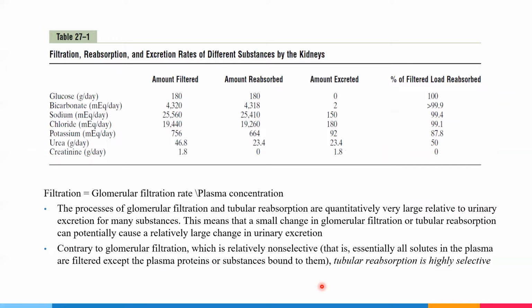Next, we look into the different rates at which the various substances are filtered, reabsorbed, and excreted by the renal tubules. As we can see, substances such as glucose and bicarbonate see an almost 100% reabsorption rate, because these are substances that can be reused by the body and used in various parts of the metabolism.